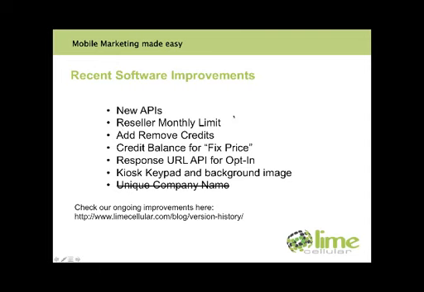Resellers, we made a lot of changes for resellers. Now you can set a monthly limit for resellers, which gives you security and safety, kind of like a safety button when you sell to resellers. If you have hundreds of resellers, you can say they cannot send more than 5,000 or 10,000 or 20,000 messages per month, so you can make sure you get paid for what they're sending.